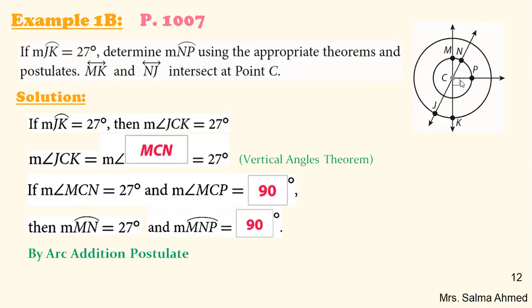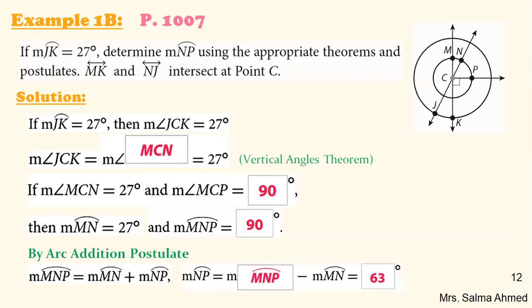Here we have the arc addition postulate. If I need NP, it is MNP minus MN. So 90 minus 27 gives me 63. This is the unknown that we must find, arc NP.